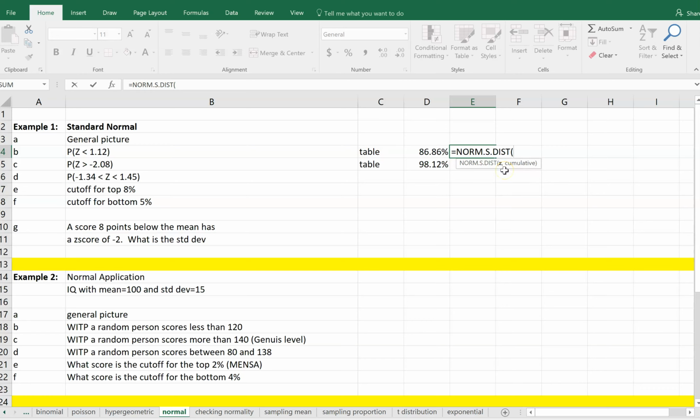Z being, what is the Z value you're drawing? Well, the Z value we drew was 1.12. Okay, do you want me to add up the area less than it or not? In our case, in the normal distribution, we always want that. So we always want a 1 at the end because we want cumulative. If it was a discrete distribution, we might not want that.